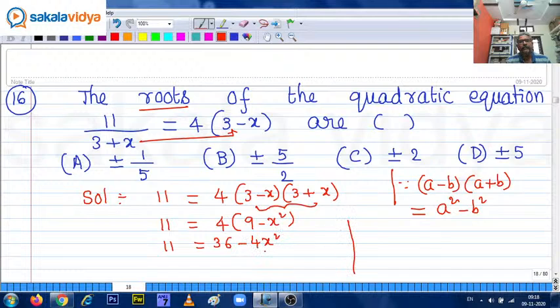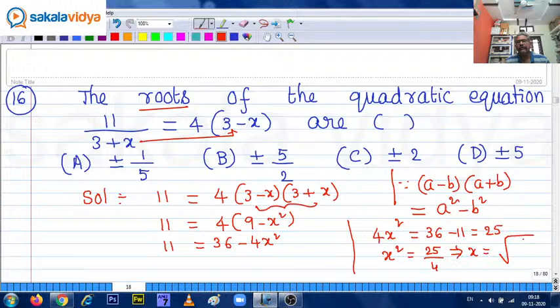Now 11 equals 4 into 9, 36, minus 4x square. So transpose the terms: minus 4x square this side, 11 this side. 4x square equals 36 minus 11, that will be 25. So x square equals 25 by 4. So x will be the square root of 25 by 4. Square root of 25 is 5, square root of 4 is 2.